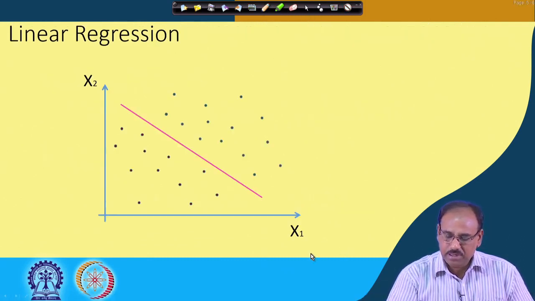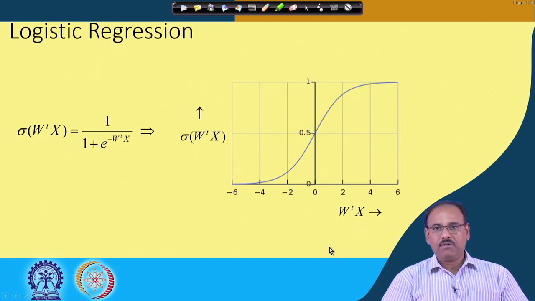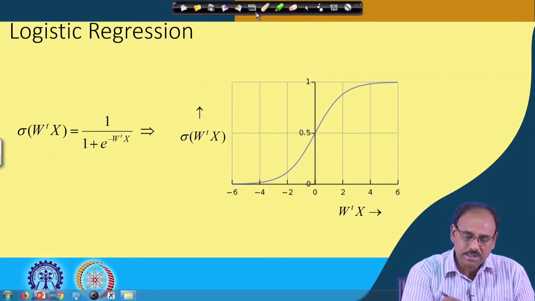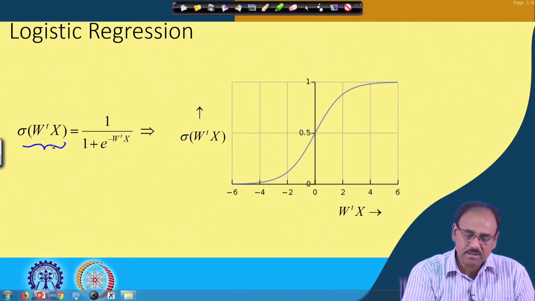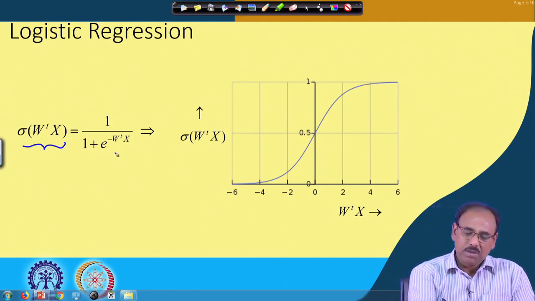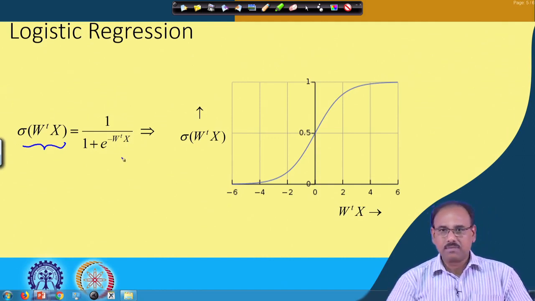I can write this function as a sigmoidal function, which is sigma of w transpose x equal to 1 by 1 plus e to the power minus w transpose x.